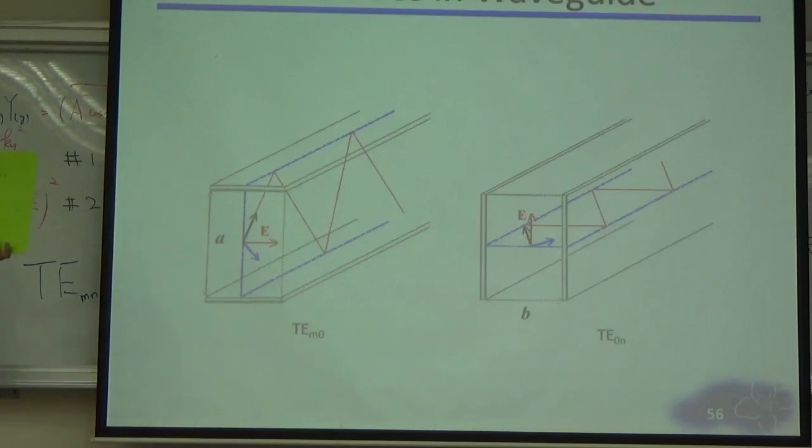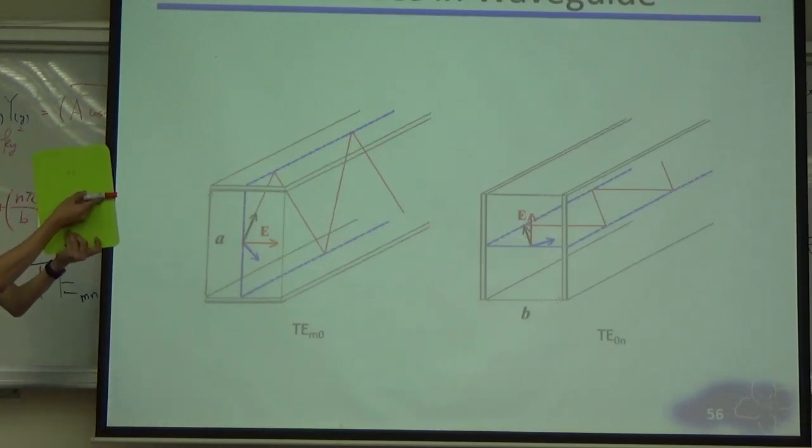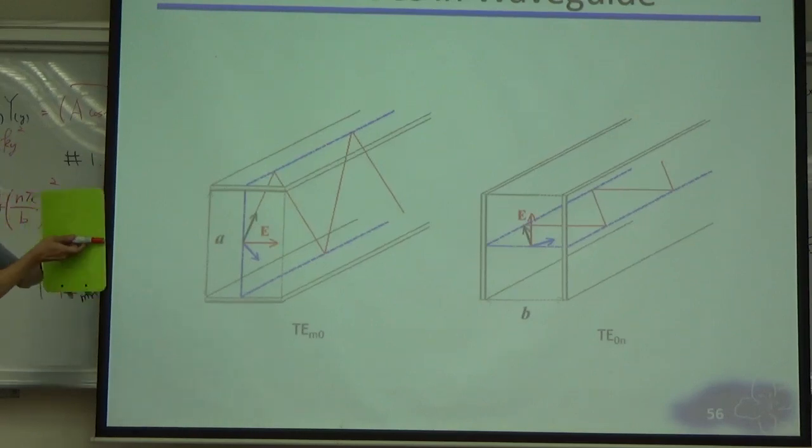The red one is the E field. The E field is on the cross section, and your H field has two components.